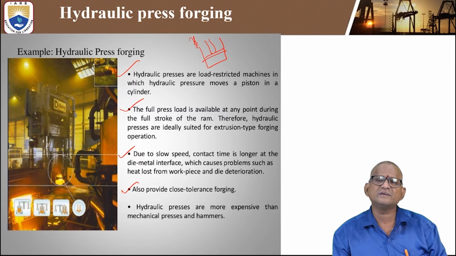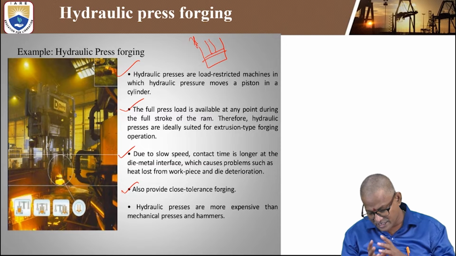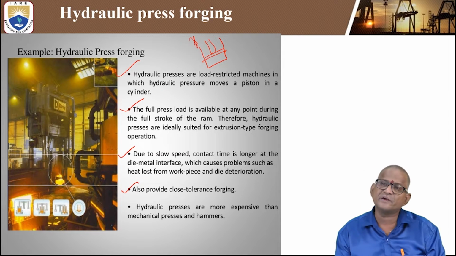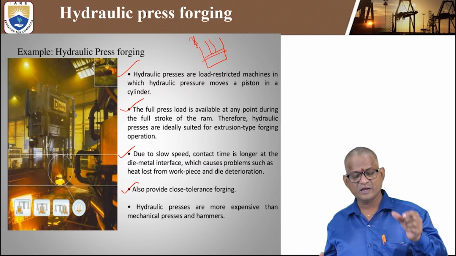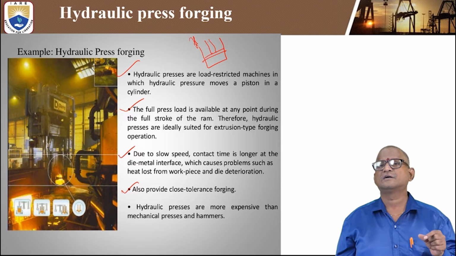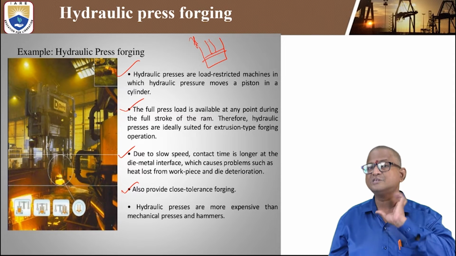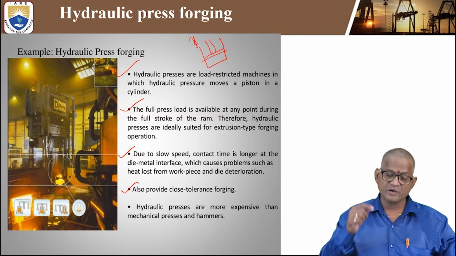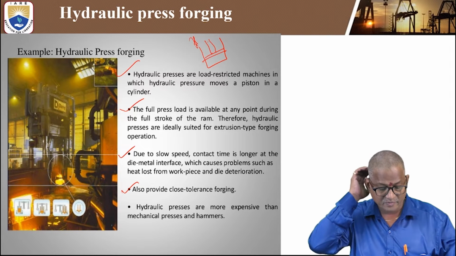Another point I would like to discuss here is that it also provides close tolerance forging. What do you mean by close tolerance forging? In general, handling any component is too difficult, because it is in a heated condition. By applying heat to the workpiece, it comes out and changes its shape and size by application of pressure and force with the help of the hydraulic presses.